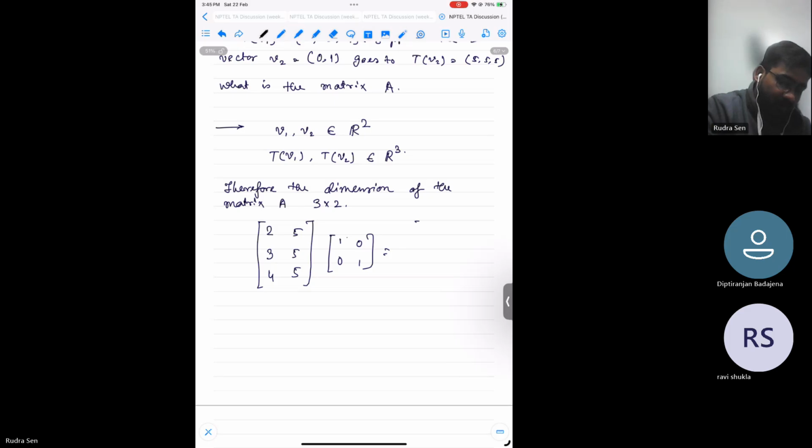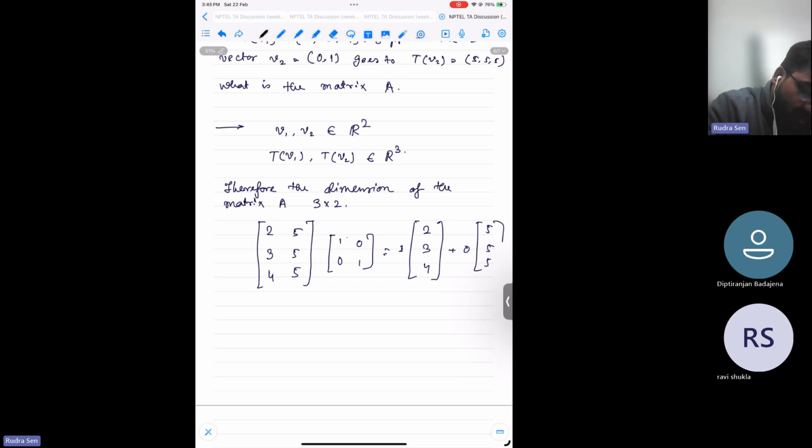Right? So this means (2, 3, 4) is multiplied with 1 over here, and 0 is multiplied with (5, 5, 5).